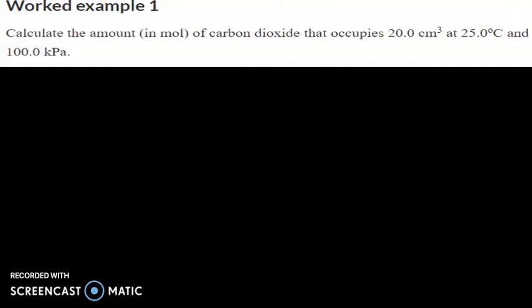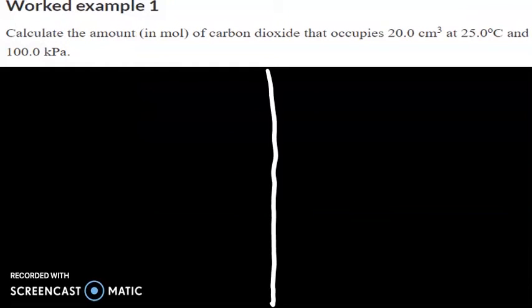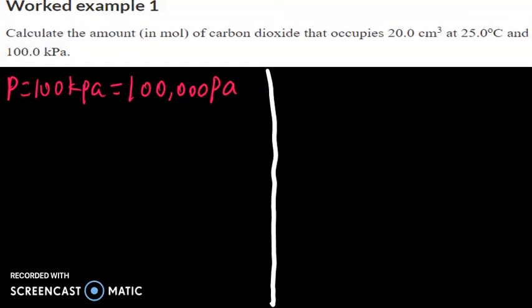Let's look at this example. As always, the first thing is changing to the right unit. For pressure, we have 100 kilopascal. Remember, it has to be in Pascal, so it should be 100,000 Pascal. And for volume, it is 20.0 cm³. So you have to divide it by 1 million or 10 to the power 6.